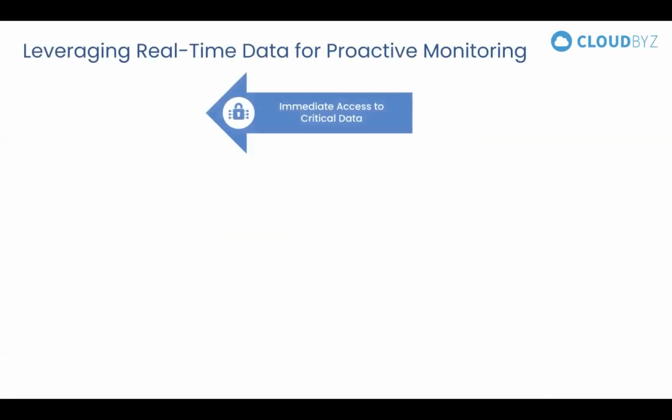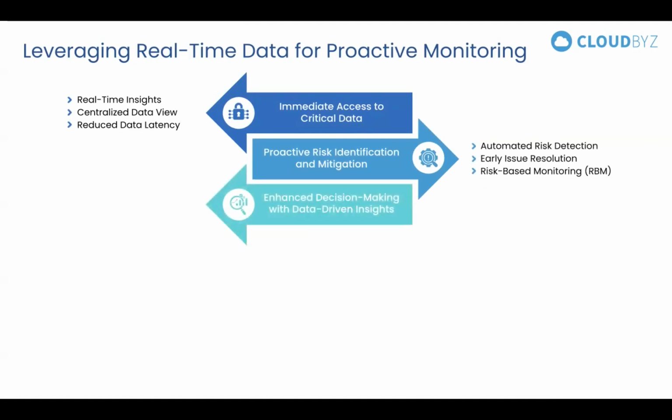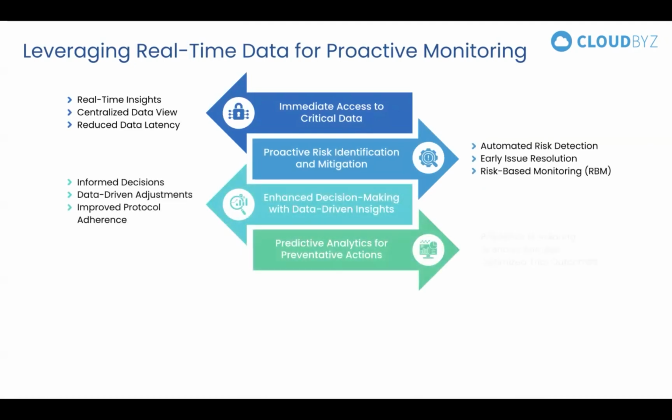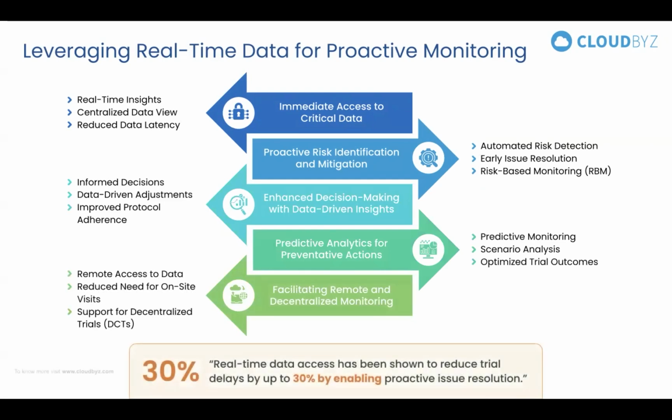So very quickly, leveraging real-time data for proactive monitoring, we did touch upon some of these items already. Availability of the data, because all the trial data, from study startup data, feasibility data, eTMF data, operational data, clinical data, safety data, everything is available in one centralized location. It helps with the visibility of the data.